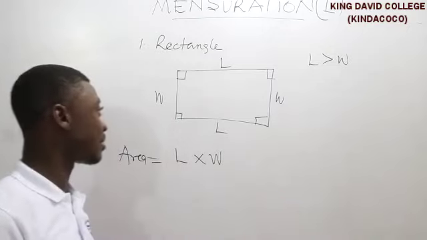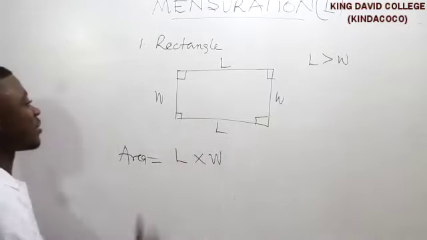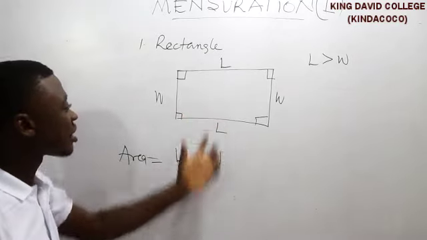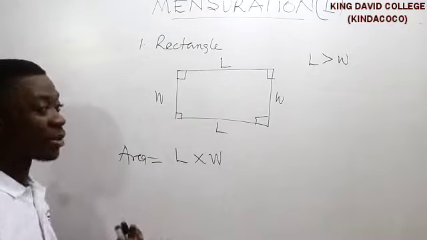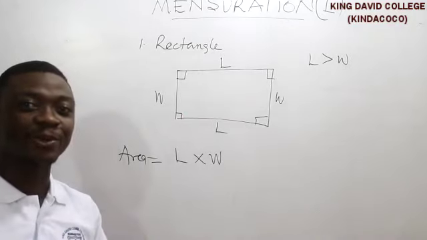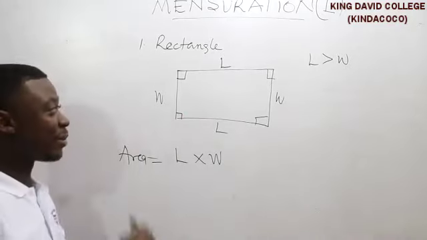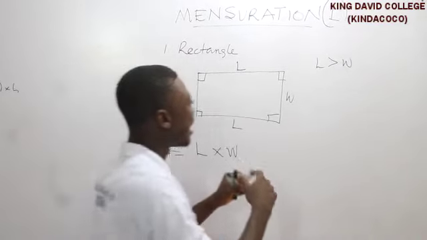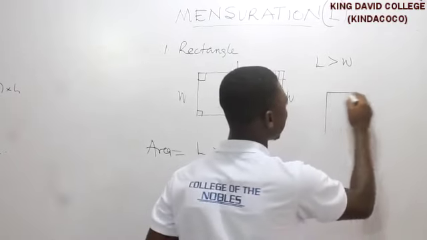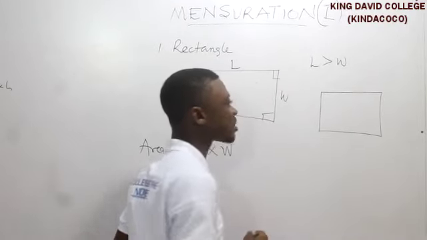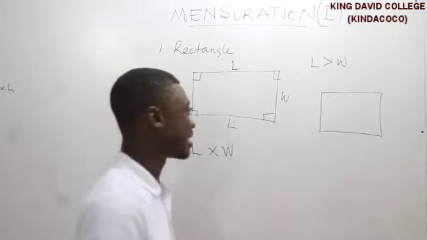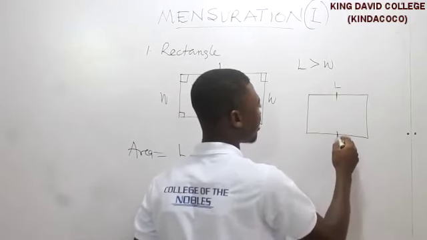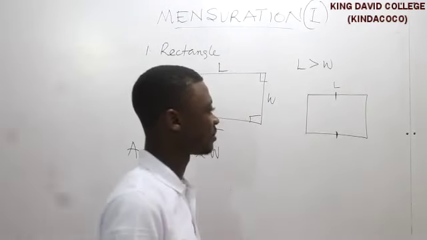Now, if I'm treating rectangle, then I can proceed to show you another shape of a rectangle. But this time around, that shape will generate a new name. It will not be called rectangle. So let's say I have a rectangle like this. But this rectangle is special to the extent that this side, which is the length, is the same as this side.